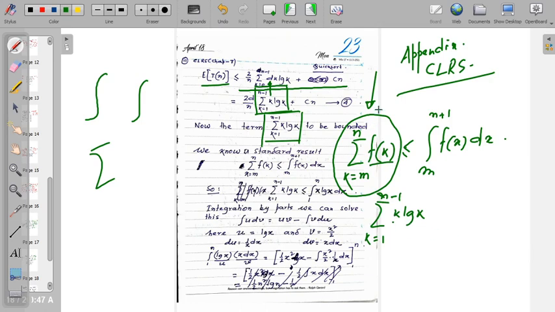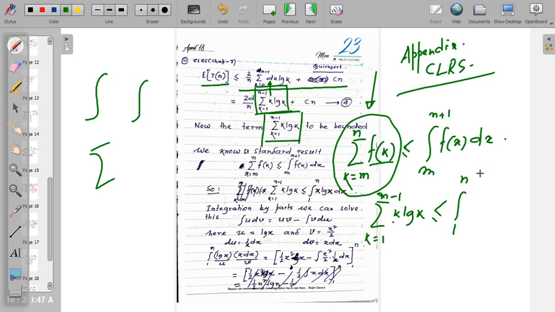This is of the form summation k equals m to n minus 1 of fk, which will be approximated by this integration. So m equals 1 here, and the upper limit is n plus 1, that is, n minus 1 plus 1, so this is n.